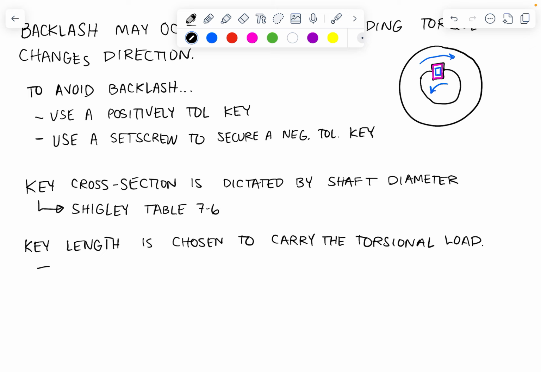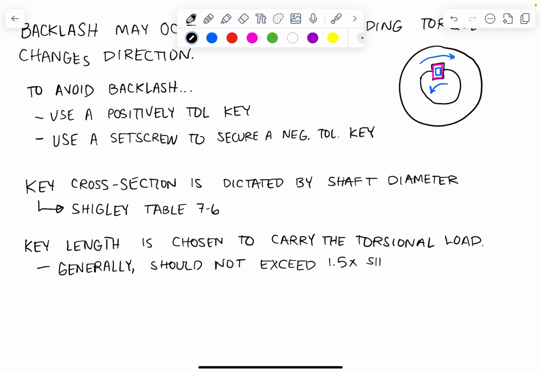So, generally, it should not exceed 1.5 times the shaft diameter, to avoid excessive twisting.